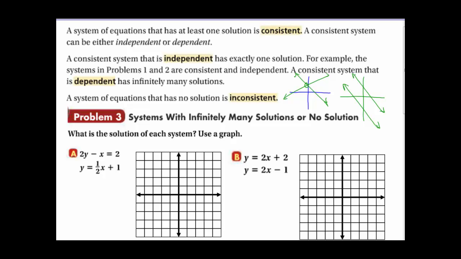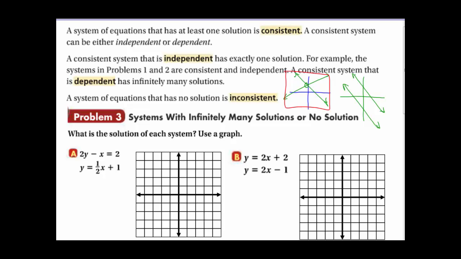Now, if we have a consistent system, or a solution, it really can be broken up into 2 things: independent or dependent. A consistent system that is independent has exactly one solution. Case in point, this one in red, which I'm circling. That has one solution, so it's consistent and independent.